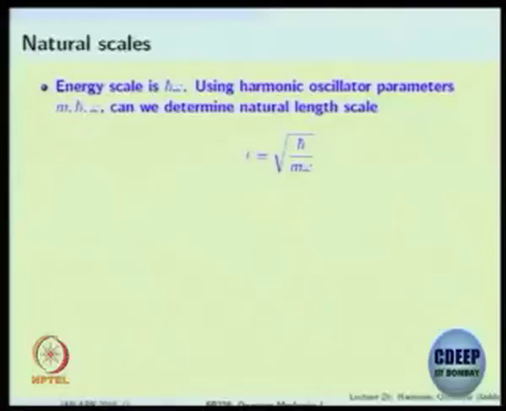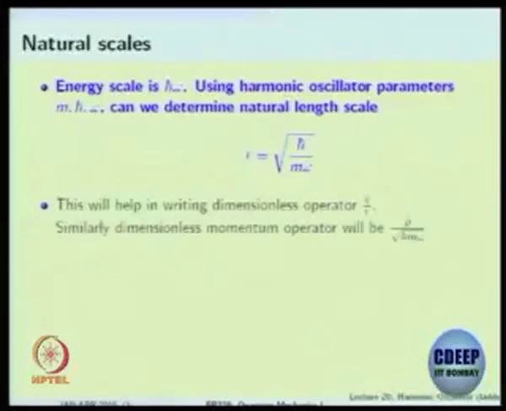In the harmonic oscillator, you can play around with m and omega, and h cross of course is there in any quantum physics, a universal Planck's constant. So we can determine this natural length scale, root of h cross by m omega, and you can write the dimensionless operator as the position operator divided by this length scale. Similarly, you can write the momentum operator.